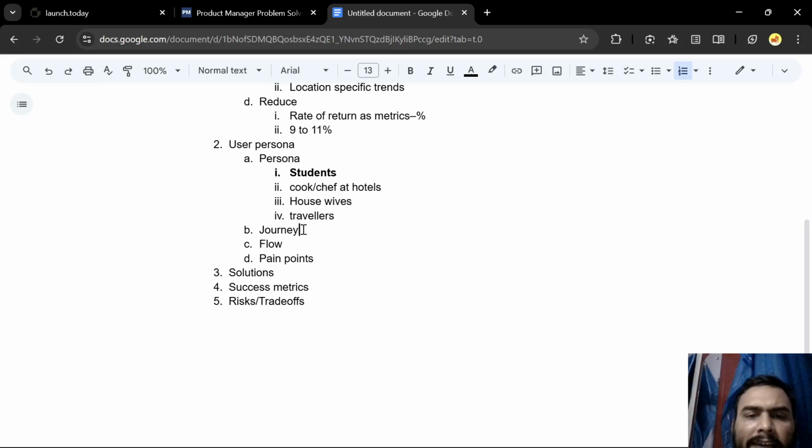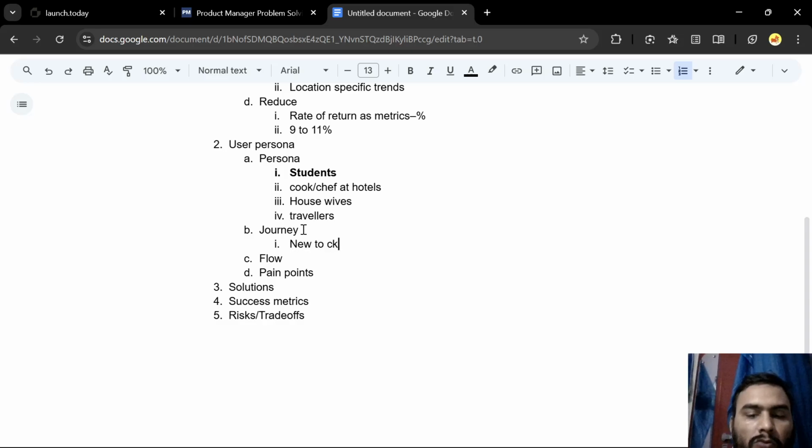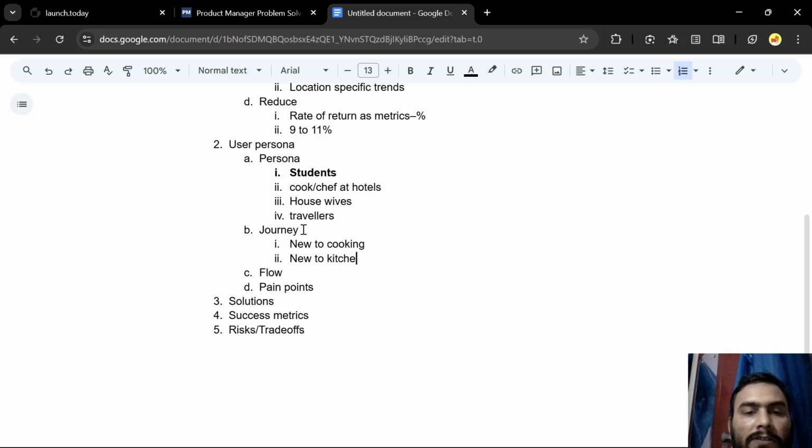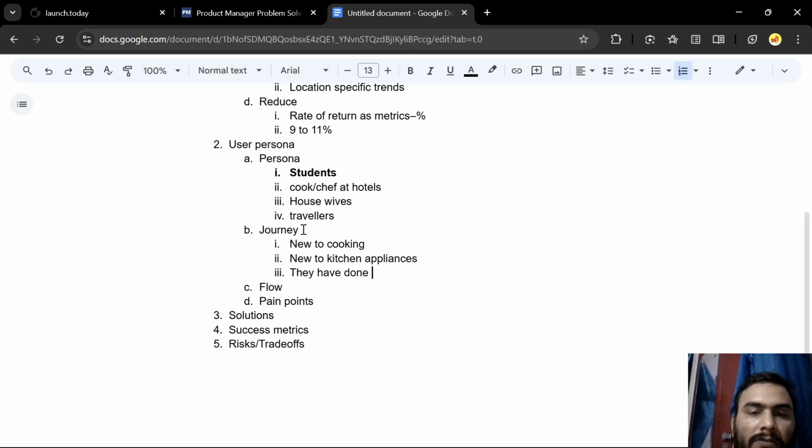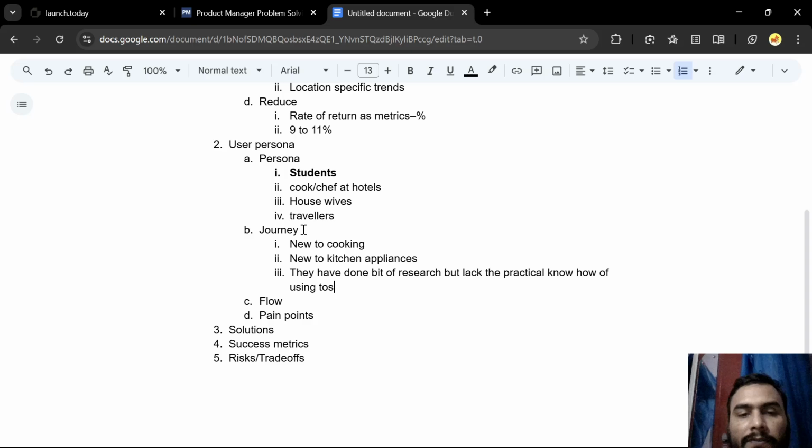For them, the journey I have described is that they are new to cooking, new to kitchen appliances. They have done a bit of research, but lack the practical know-how of using those appliances.